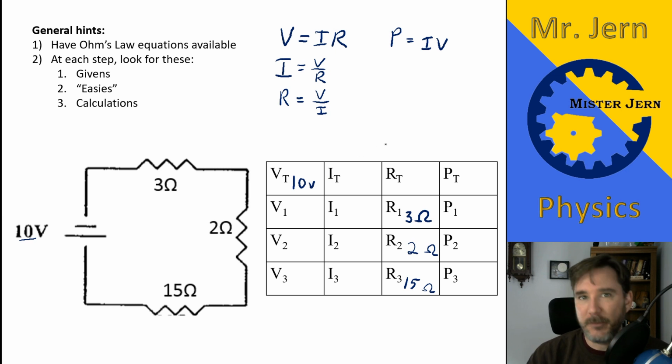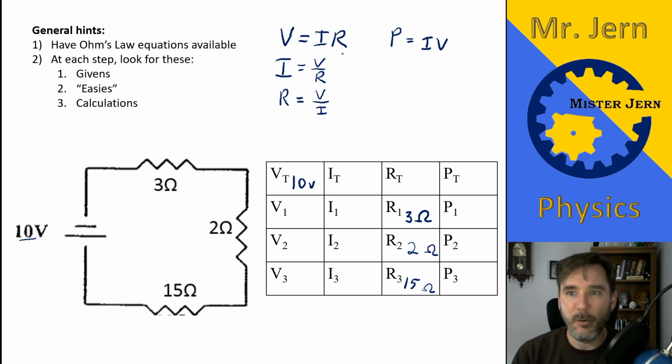Speaking of easies, that's the next thing to look for. I'll explain what that is when we actually get one, because right now we don't really have an easy. So again, I'll tell you what I mean by that in a second, but first, calculations. Calculations are the stuff that I taught you earlier. Basically, it's either using one of Ohm's law's equations to solve for something, or like what we're going to do here, figuring out the total resistance.